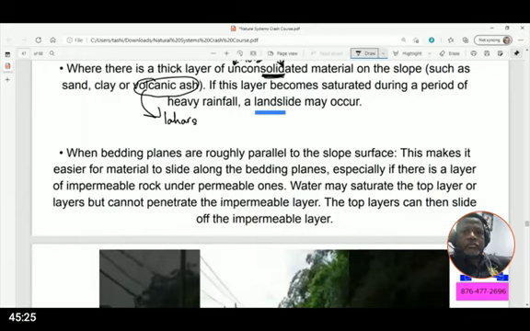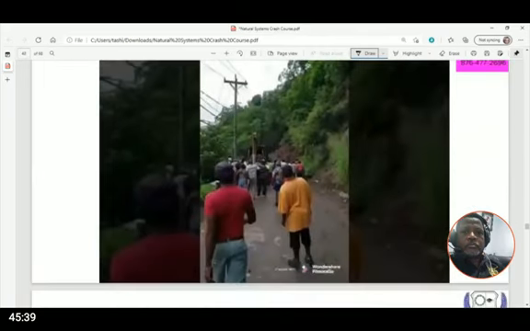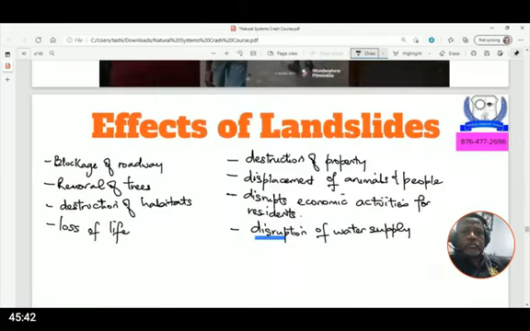So all of that permeable layer is now going to get very, very saturated. In other words, it's going to get full of water. And then that top layer is now going to just slide off, and all of that material is going to go with it. Okay?